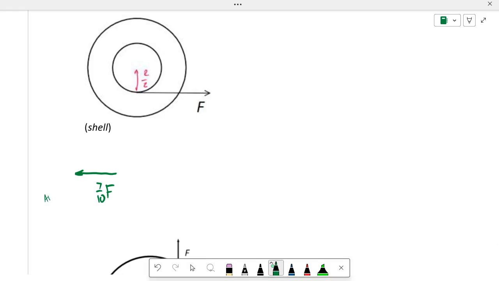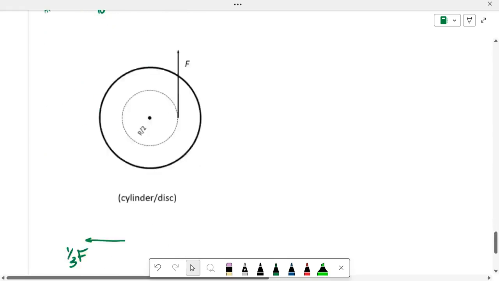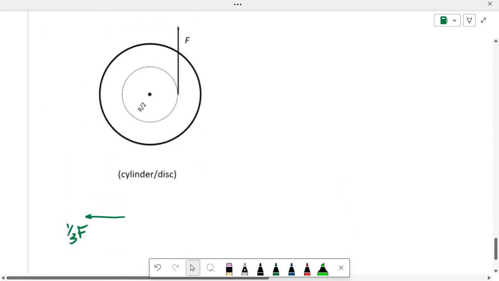Here's the answer: you get a friction force to the left. Try this one, a cylinder. Here's the answer. Good rotational and translational dynamics problems. Okay.